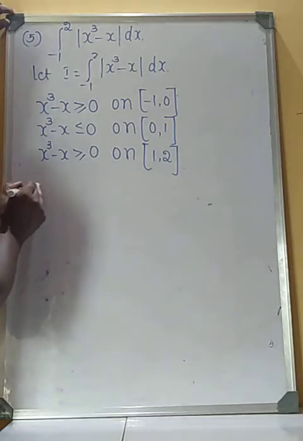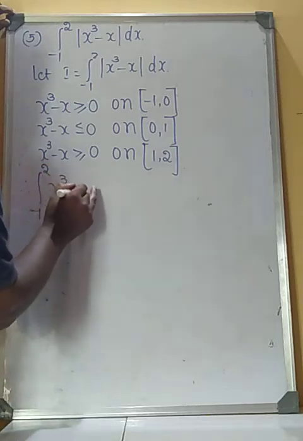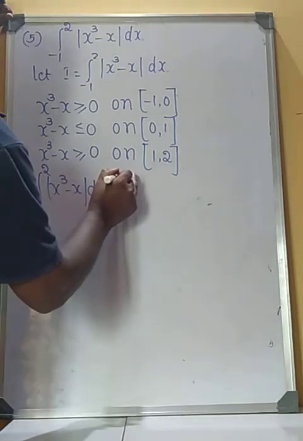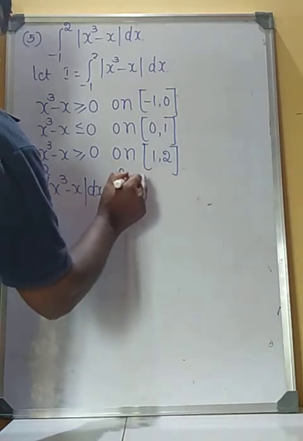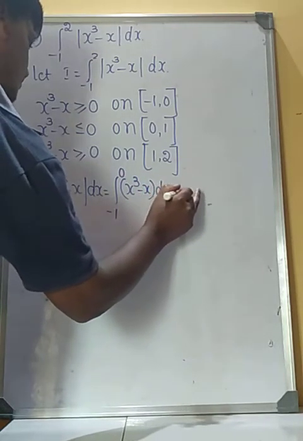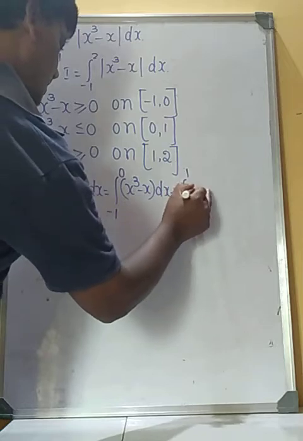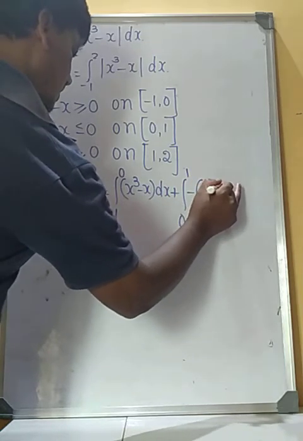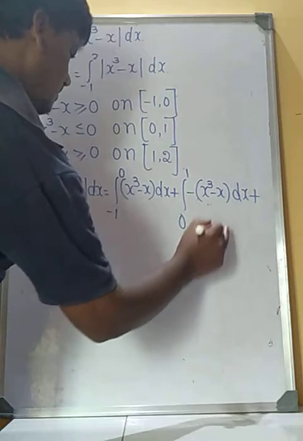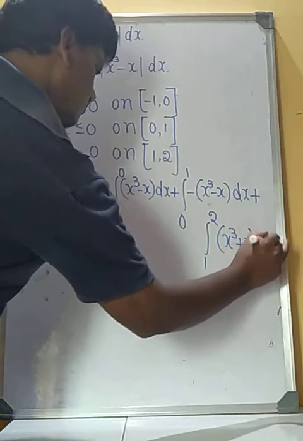So therefore integral minus 1 to plus 2 mod of x cube minus x into dx equals integral minus 1 to 0 of x cube minus x into dx, plus integral 0 to 1 of minus of x cube minus x into dx, plus integral 1 to 2 of x cube minus x into dx.